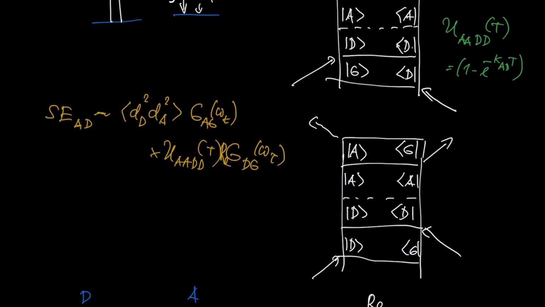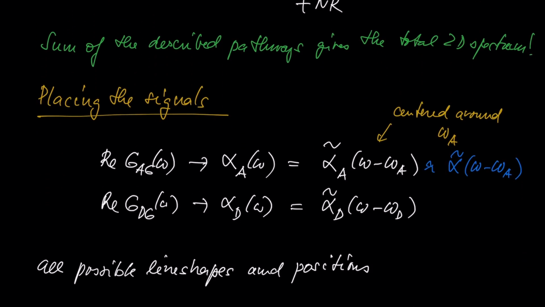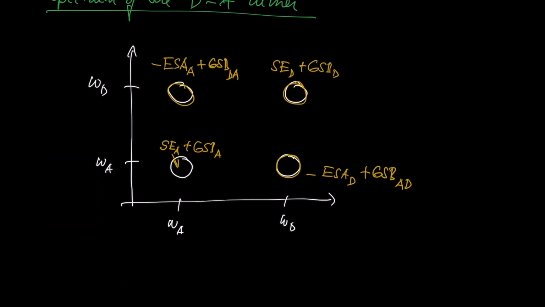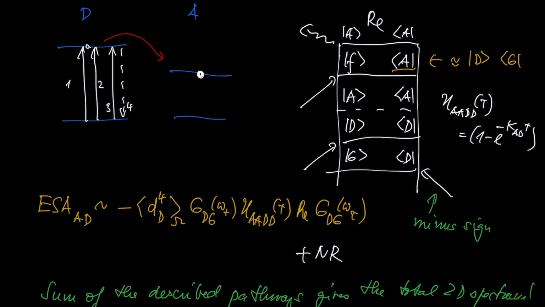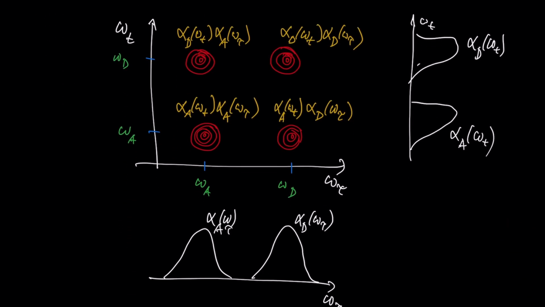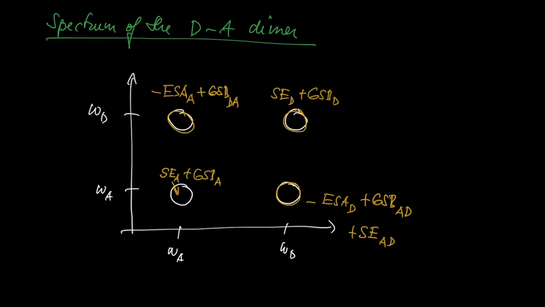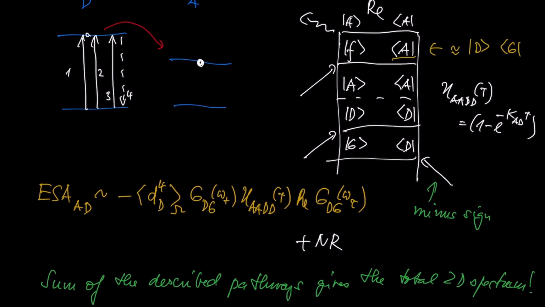This one starts at D and emits at A. So that's also here, plus stimulated emission starts at D and goes to A. And the last term is excited state absorption, starting at D and going to A. But here, very interestingly, both line shapes are at D. So this is also going to contribute exactly as it says at the D. So this is excited state absorption.